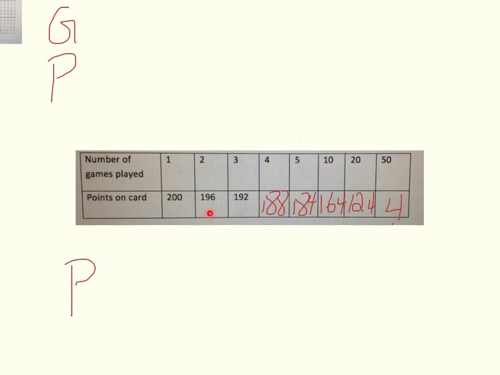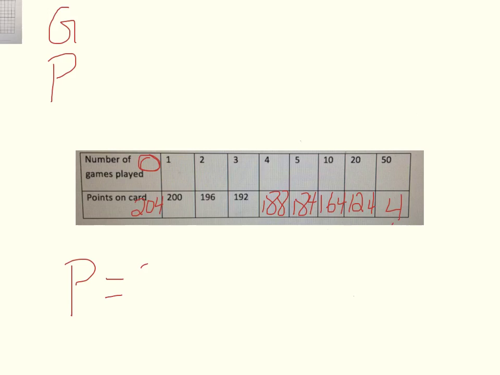And we know that every time you play a game, it's going down by 4. So we could continue this table over here, and if we had played 0 games, you would have 204 points on your card. So when you buy the card, it gives you 204 points.